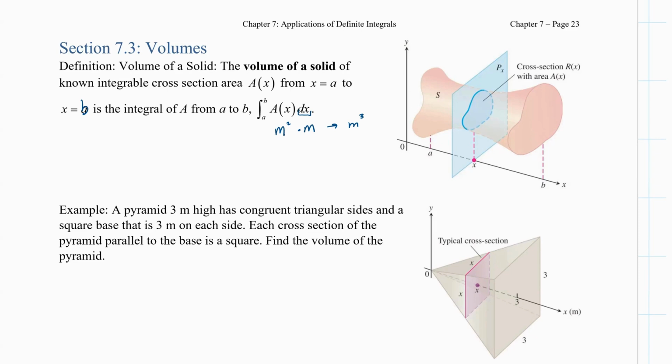We are going to arrange our integrals to represent cross-sectional area times a little bit of thickness, getting a little bit of volume in each of those cross sections, and then adding up all of the little volumes to get a total volume.